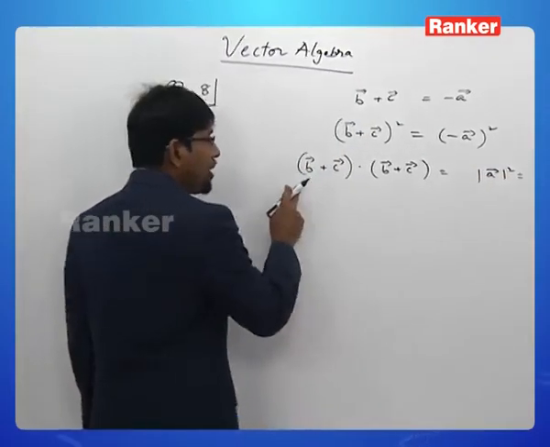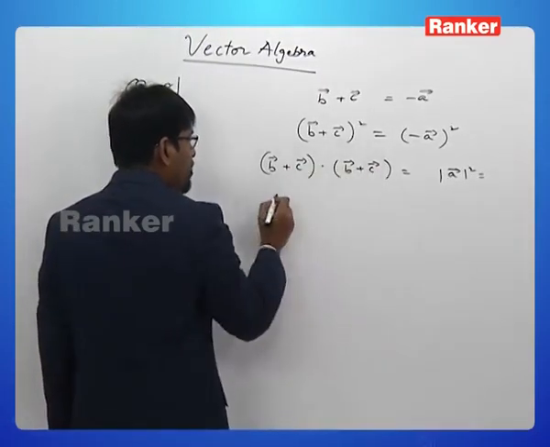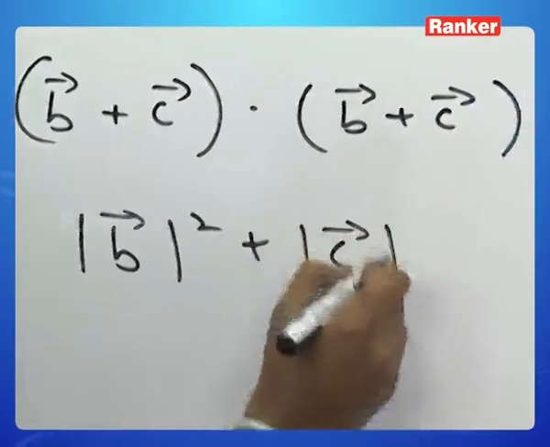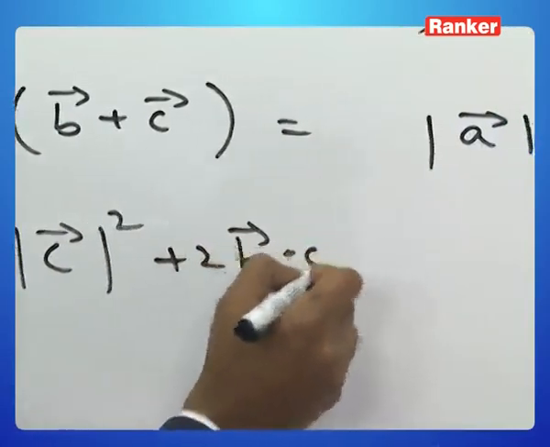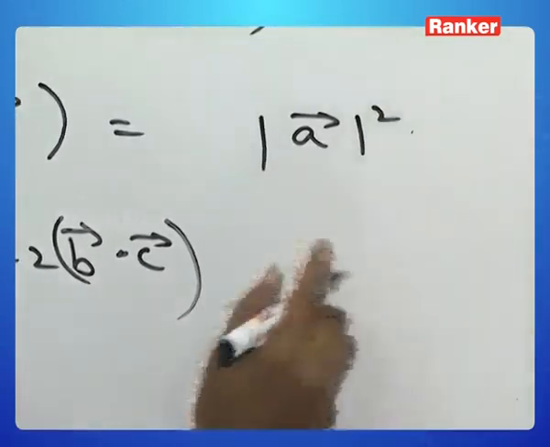What about the left hand side? B dot b will give me magnitude of b square, c dot c magnitude of c square. So magnitude of b square plus magnitude of c square plus 2 into b dot c, and that is equal to magnitude of a square.